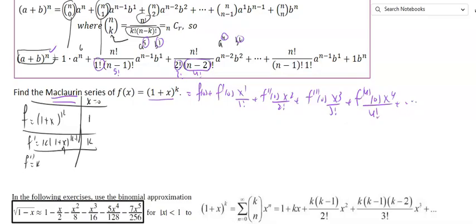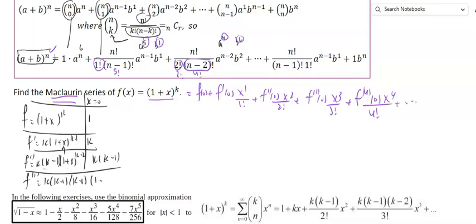F double prime is k times k minus 1 times (1 + x) to the k minus 2. Put 0 in there, you get k times k minus 1, and maybe one more. The third derivative will be k into k minus 1 into k minus 2, times (1 + x) to the k minus 3. And if you put 0 in there, you get k into k minus 1 into k minus 2.